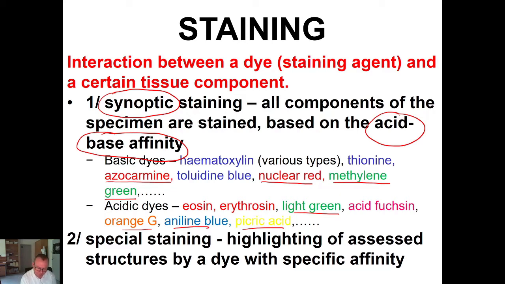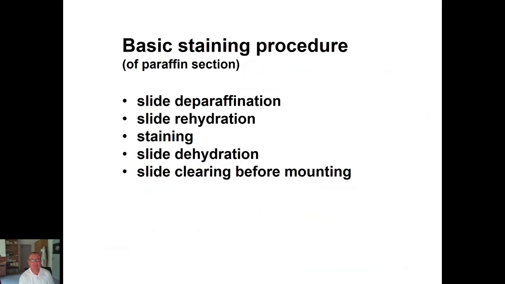At first, something more about synoptic stainings. Synoptic stainings, or maybe this slide is valid also for most special staining, the basic staining procedure. At first, we have a paraffin section on the glass. You already saw it in one photograph.